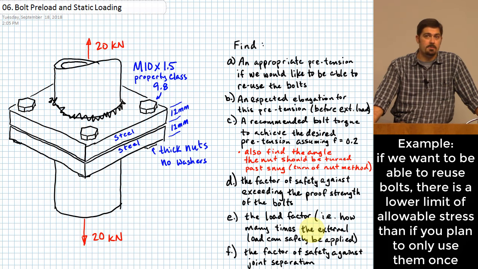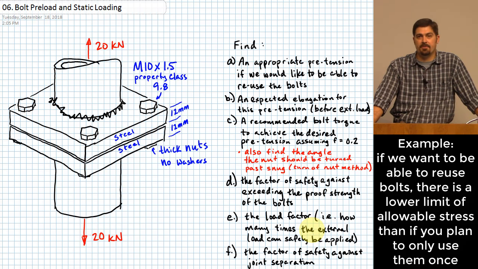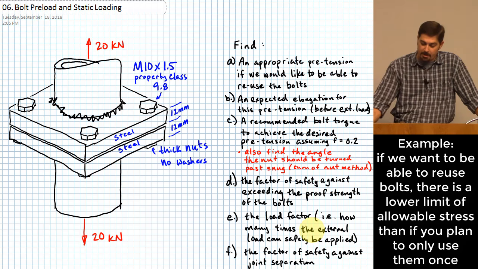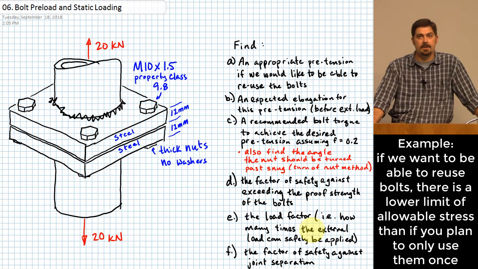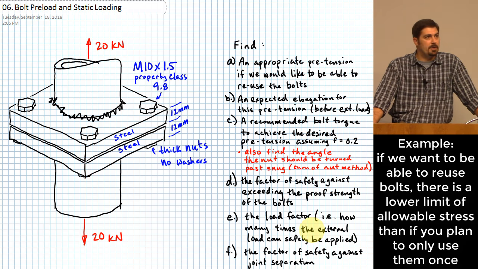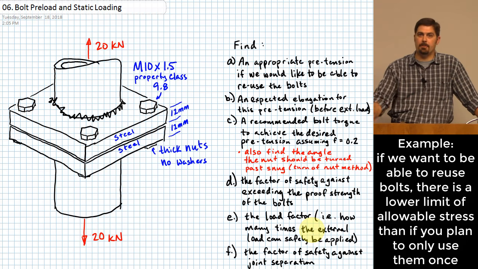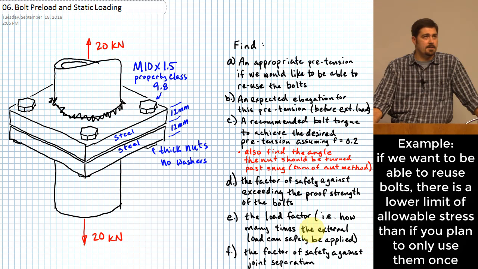If you want to be able to reuse bolts, then you probably don't want to specify plastic deformation. So there's a guideline about how much pretension is appropriate if we want to reuse the bolts, versus another technique where you don't expect to reuse the bolts, and every time you disassemble or reassemble an assembly with these bolts, you would replace them. Okay, so we are planning on reusing the bolts.